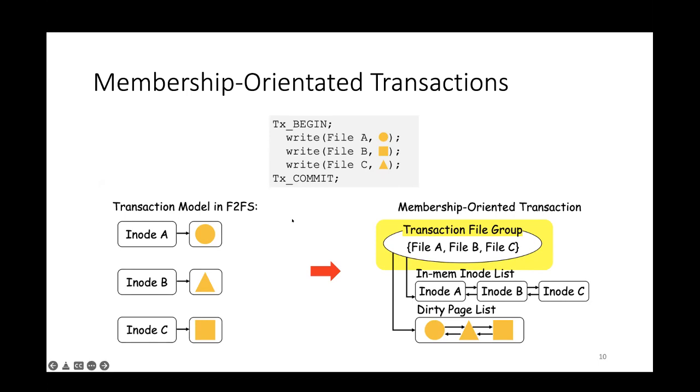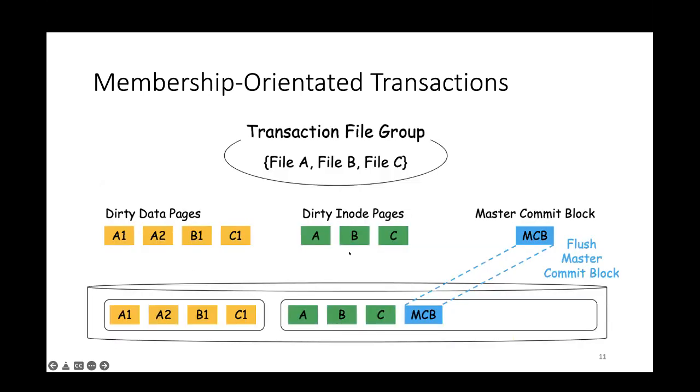So what they changed is we have this concept now of a transaction file group, where we add these files to a group, and a transaction proceeds with all these files in mind, not just putting dirty pages on a per file basis. And then when we want to commit this transaction file group, we just commit the dirty data pages, inode pages, and then something called a master commit block.